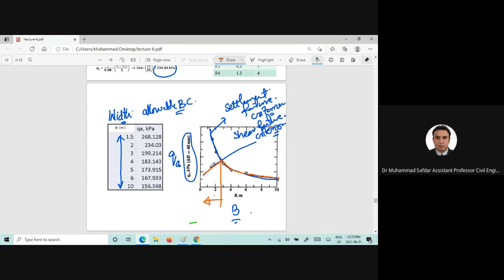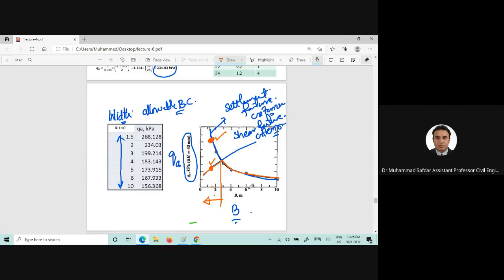The reason is that the Q allowable here is less at this particular point. If this one is greater and this one is the lower one, we take the minimum of these two Q allowable, and the shear failure criteria is governing.